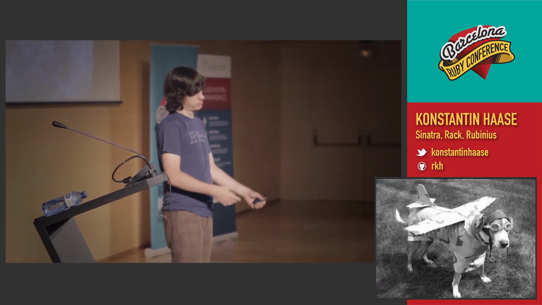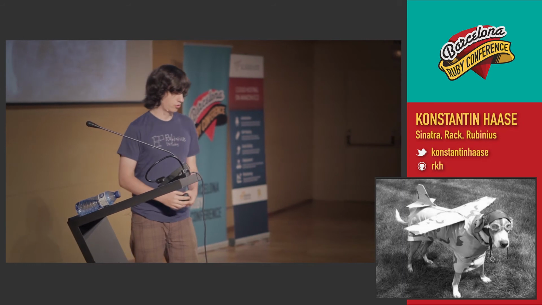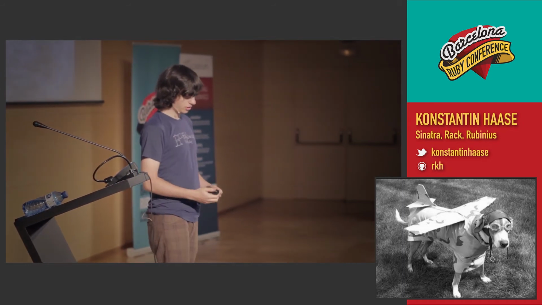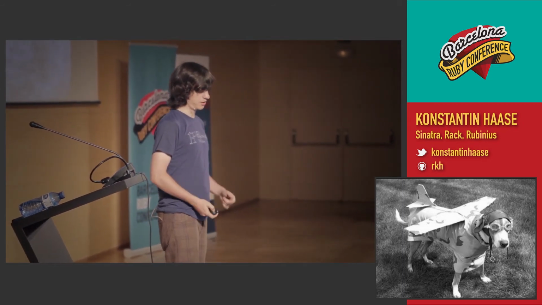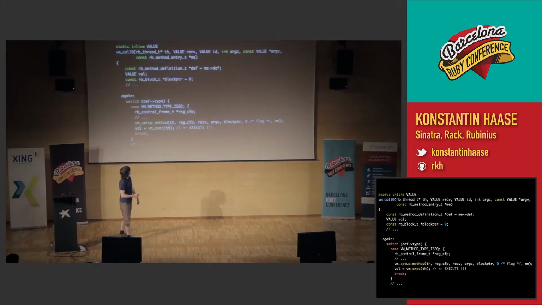So now we found the code. Now we have to run it. That will be handed at some point to vm_call0. You don't have to understand all that code. I just want to give you a feeling of how Ruby looks internally. This is basically one of the main ideas, is looking into it.